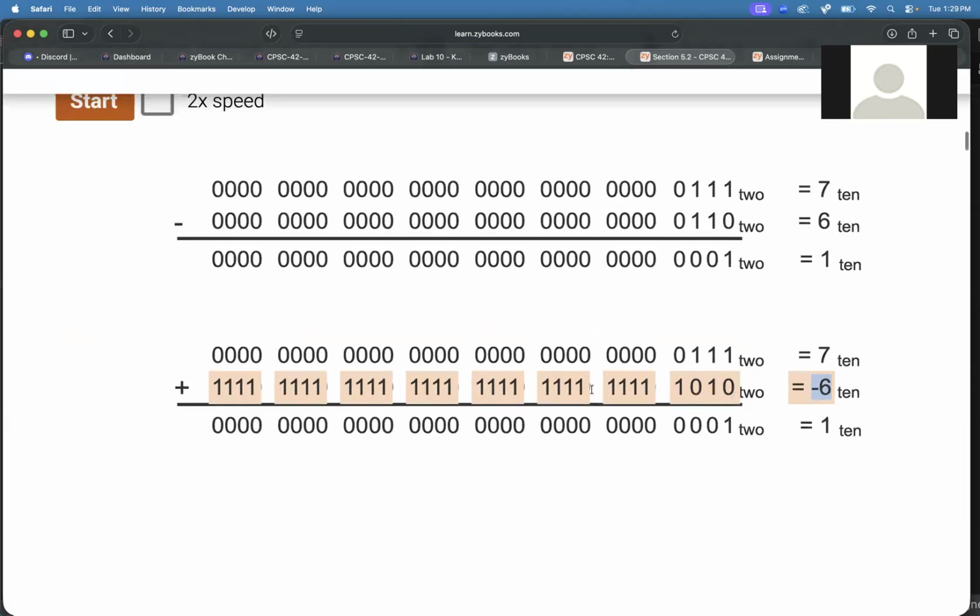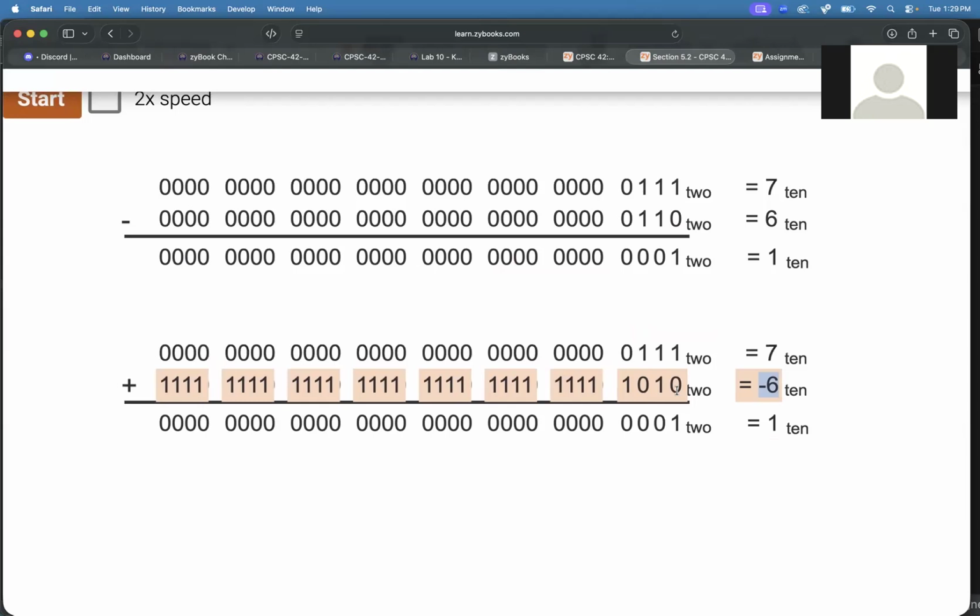So you could add negative numbers with the same rule as far as how to carry numbers and stuff. And so that's kind of the big deal, right?